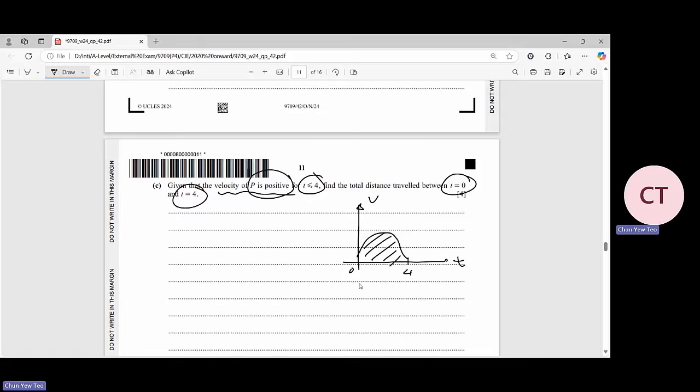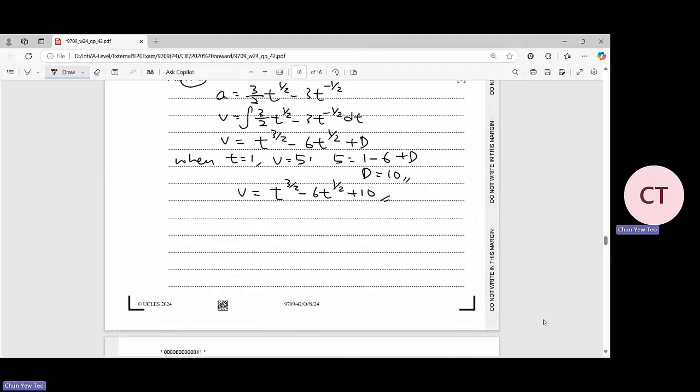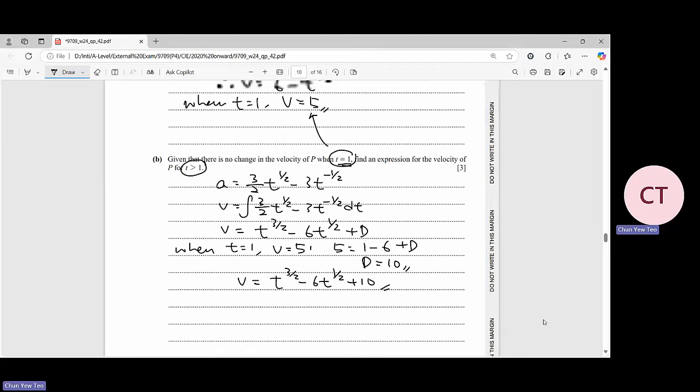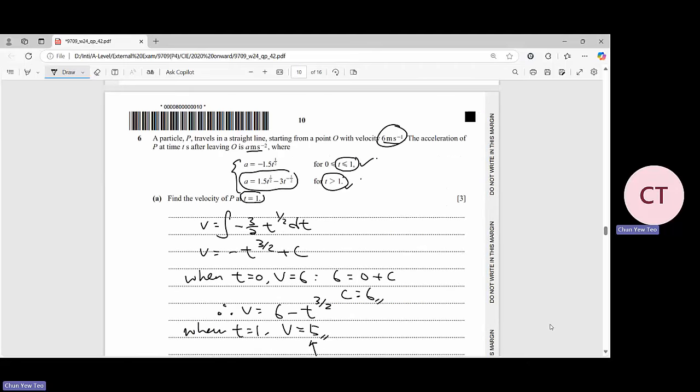That means we can integrate directly from 0 to 4 without worrying that the graph can be below the horizontal line, the t-axis. This tells you that you can integrate the velocity formula directly from 0 to 4 to find the distance.